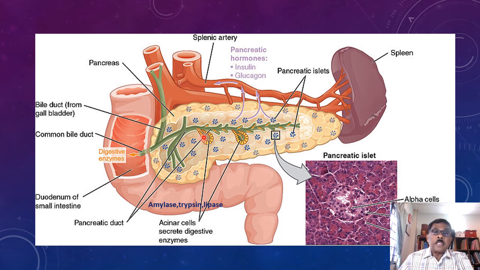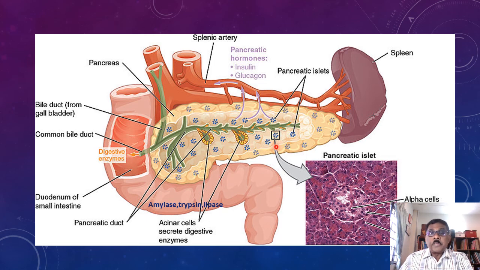These acinar cells are directly or indirectly connected ultimately to the main pancreatic duct that runs through the backbone of the pancreas to carry the secretions into the second part of the duodenum.